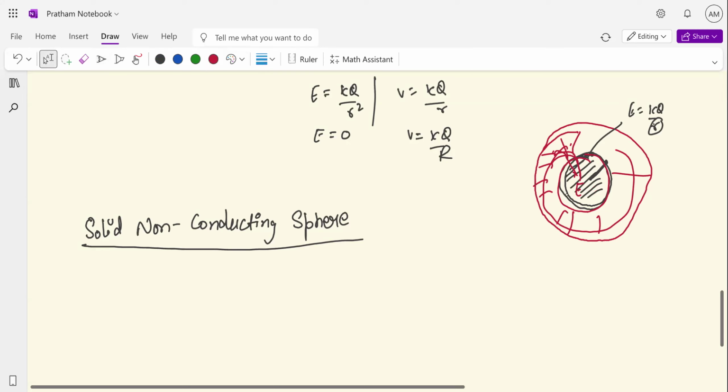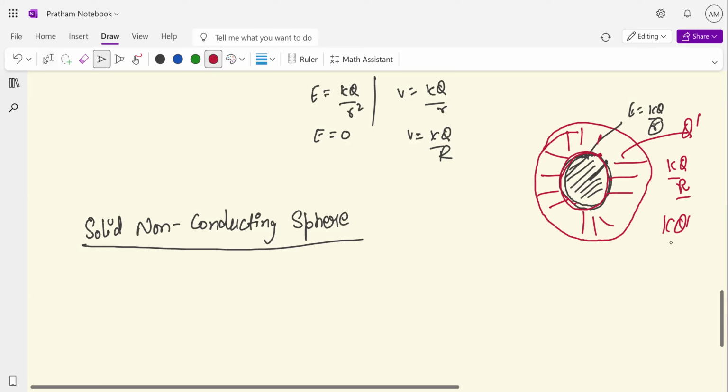But here the case goes different. If I calculate potential due to this, at the surface it will be kq divided by r. And due to this portion, whatever charge you have outside, let's say q dash, and whatever radius you have, it is kq dash by r.